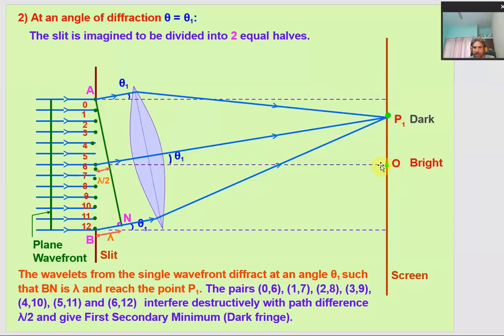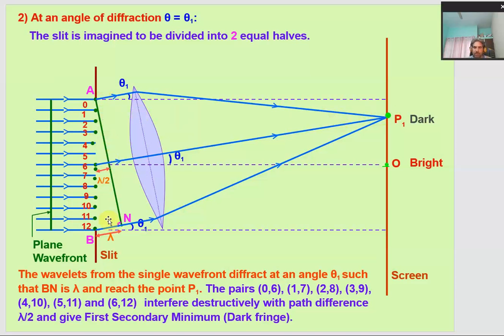How does it happen? The light coming from different sections interferes at a point on the screen either constructively or destructively. It depends upon the path difference between the lights coming from different sections of the slit.